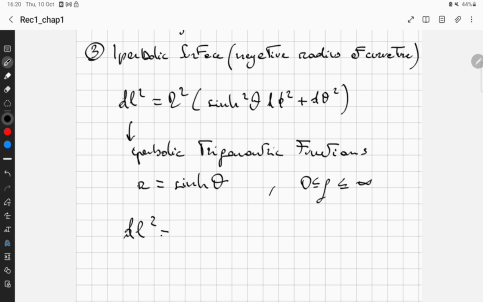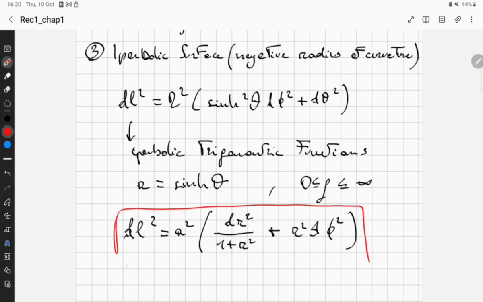And so this writes, as previously, as dl square equal a square dr square divided by 1 plus r square, plus r square d phi square.